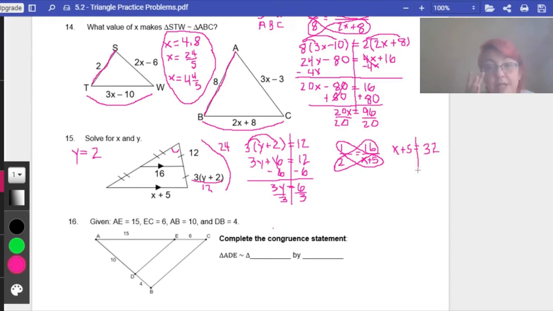So all that's left for me to do now is subtract 5 from both sides. And I find that x is equal to 32 minus 5, which is 27.